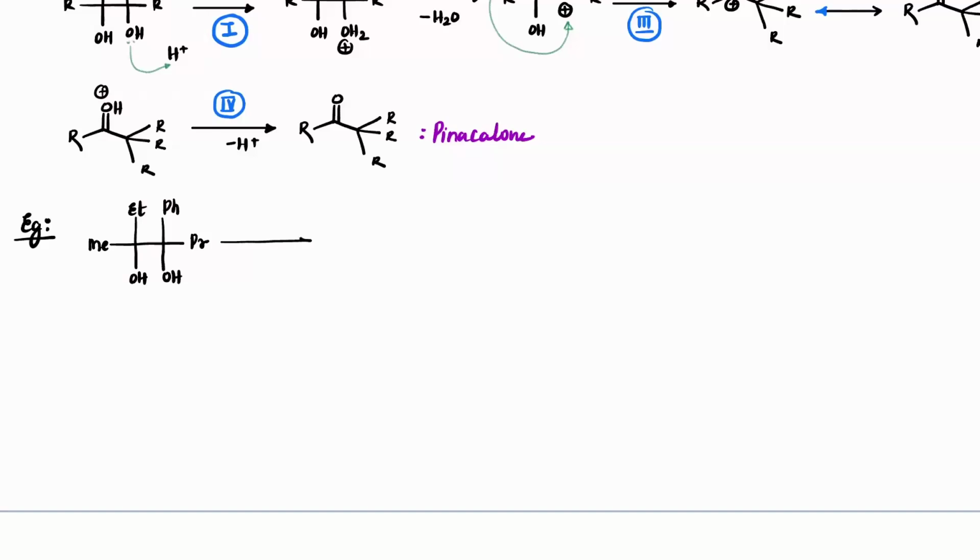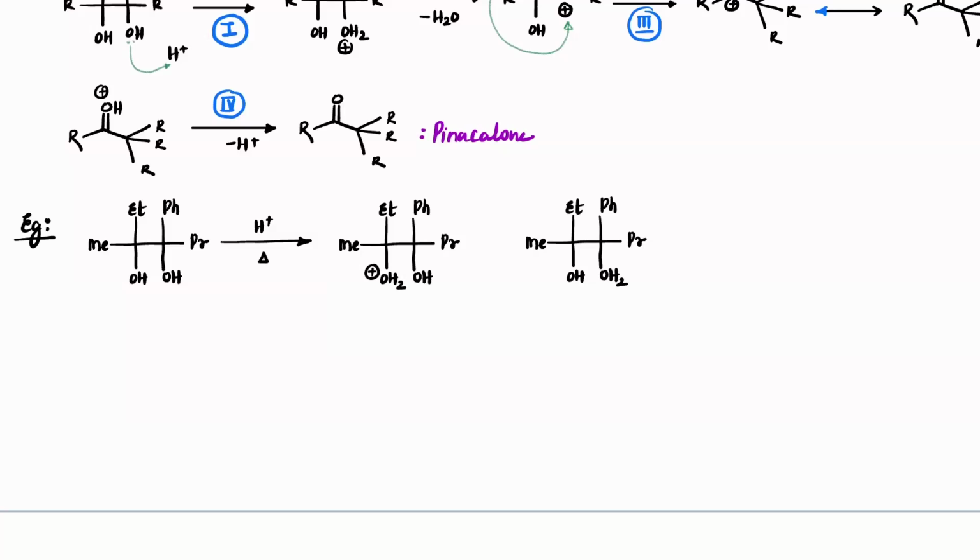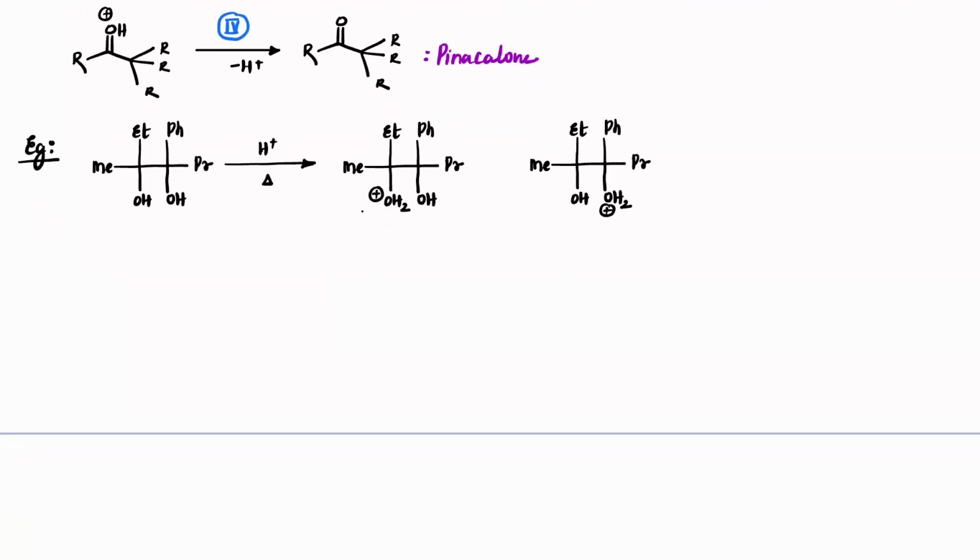So this, when you treat with H plus and heat, now watch the steps carefully. Protonation could have happened in both directions here, correct? So which means OH2 plus could have formed here, or OH2 plus could have formed here. Okay, so from there we will get a carbocation.